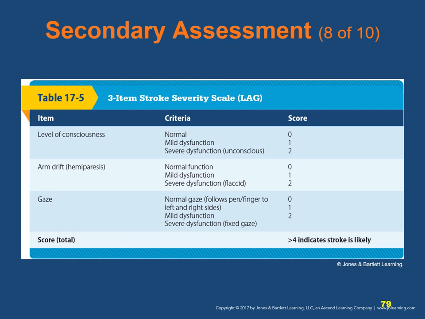In all three of these, the Los Angeles screen, the Cincinnati screen, and the 3-item stroke severity screen, I had just talked about in slides previous to these tables. Become familiar with these tables so that when you get out in the field, you know what steps to take without leaving any out.